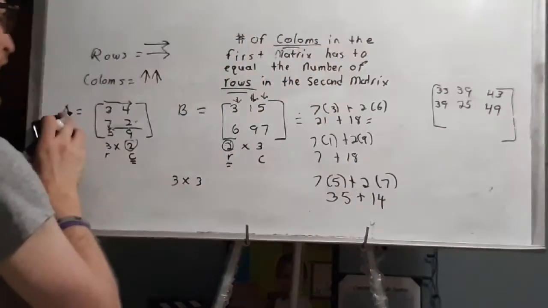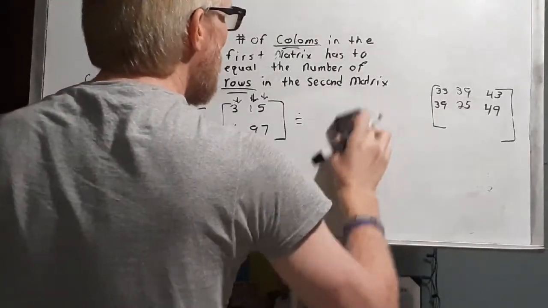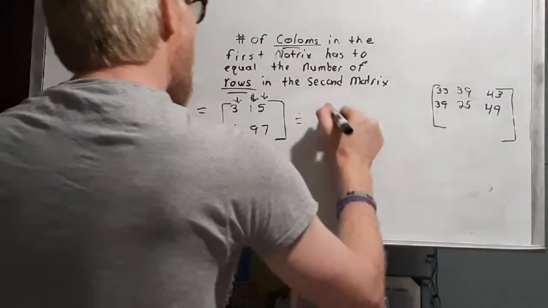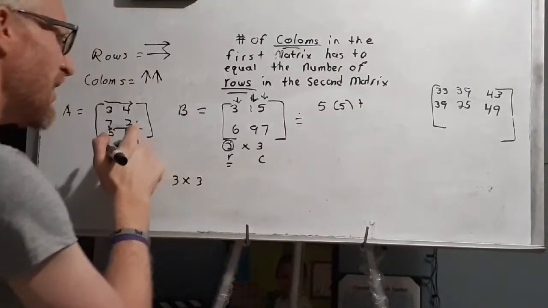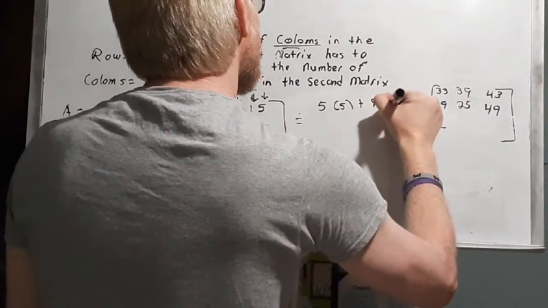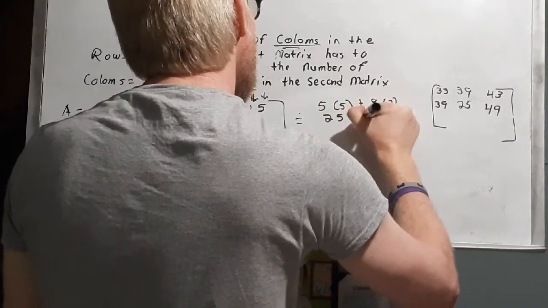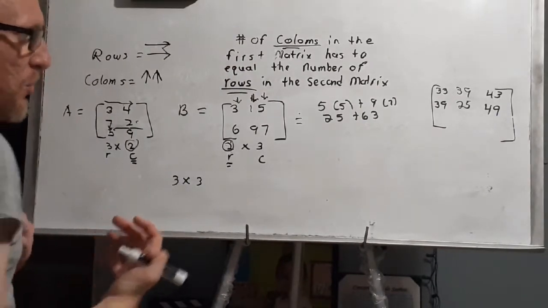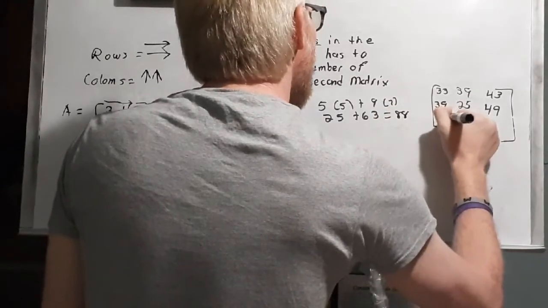So now, again, rows times columns, so it's going to be the third row multiplied by the third column. So that's going to be 5 times 5 plus 9 times 7. 5 times 5 is 25, 9 times 7 is 63, and 63 plus 25 is 88, so that equals 88, which is the number I'm going to get down here.